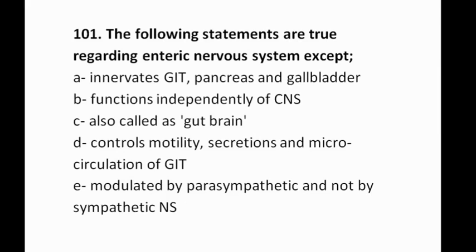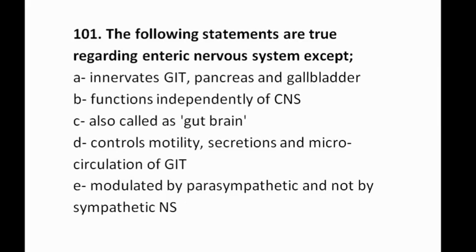Actually the GIT has its own nervous system, and it's been given a specific name, that is enteric nervous system, and this enteric nervous system functions independently of CNS. The C option is also called the gut brain, so this is also true.